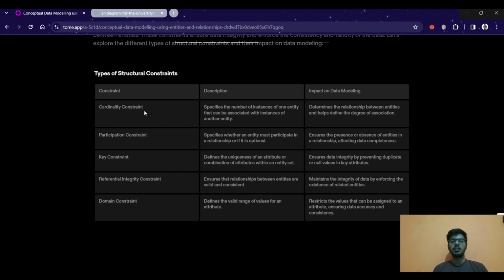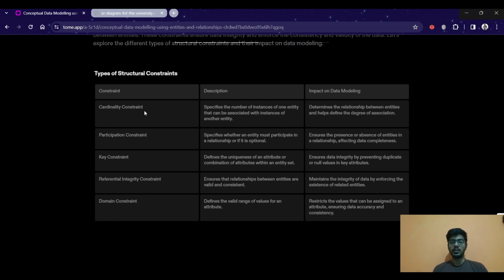Participation constraint specifies whether an entity must participate in a relationship or if it is optional. It ensures the presence or absence of entities in a relationship, affecting data completeness. Key constraints define the uniqueness of an attribute or combination of attributes within an entity set.